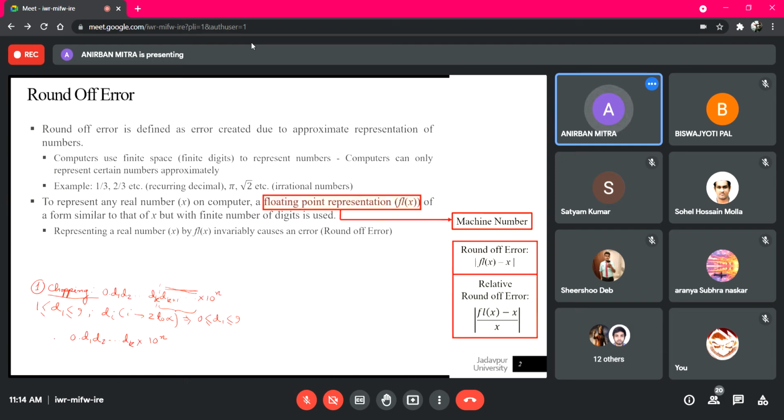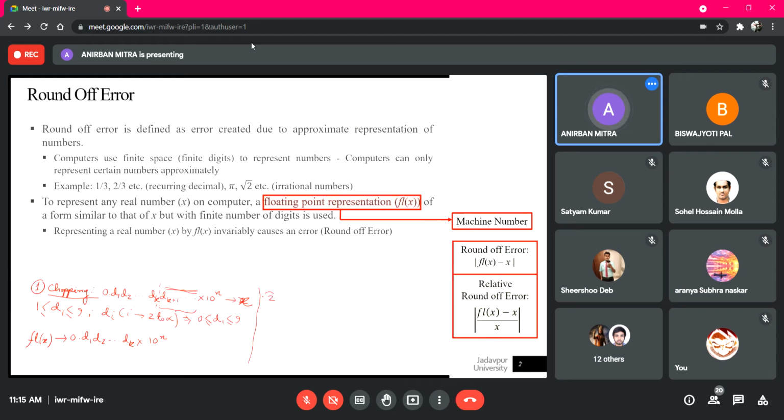So this will be fl(x), whereas the original number was x.